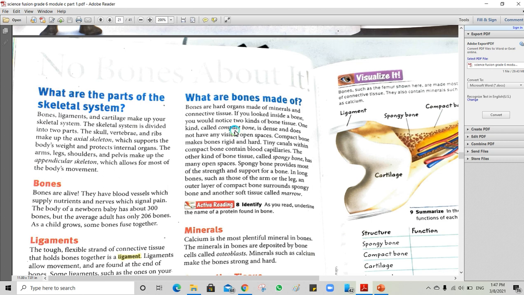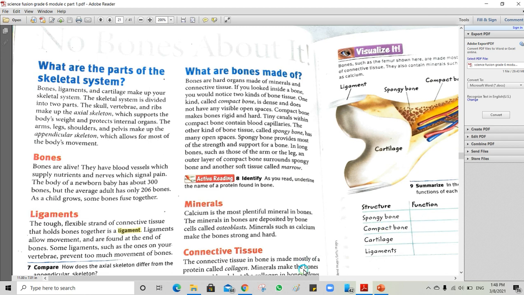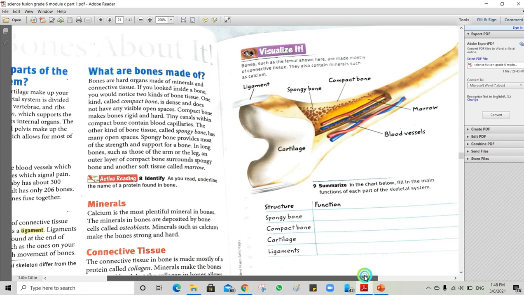It is called compact because there are no visible, open spaces. It is hard, and the compact bone makes the bones hard and rigid. Rigid means hard. So see the compact bone in the table on page 19.